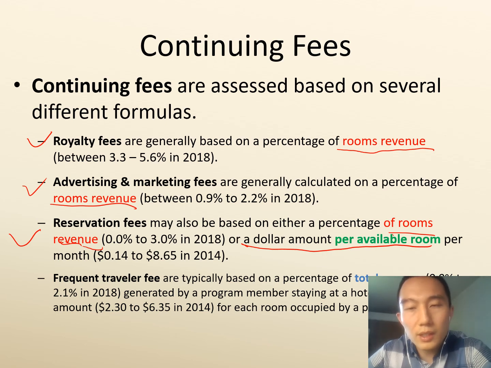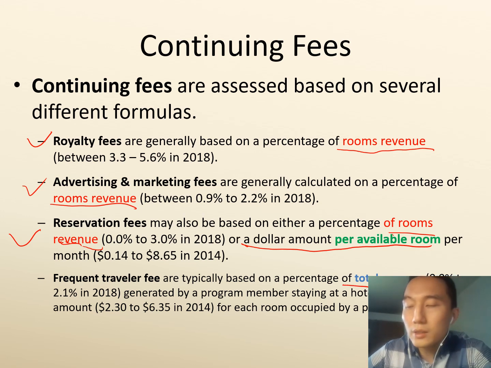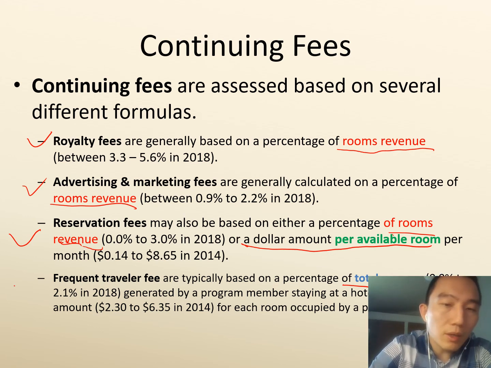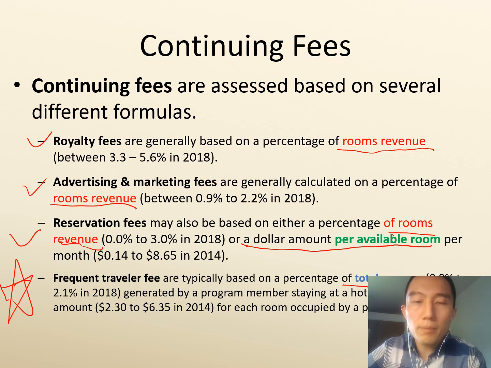Here is a slight difference. However, the frequent traveler fee is calculated based on a percentage of the total hotel revenue. That's very important. It's calculated based on the total revenue rather than the rooms revenue. So it is very important for you to choose the correct base when you are calculating the continuing fee.